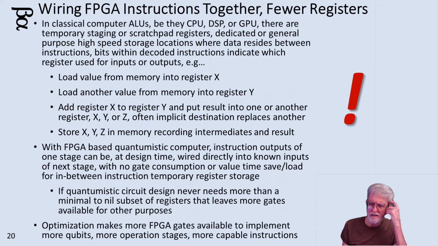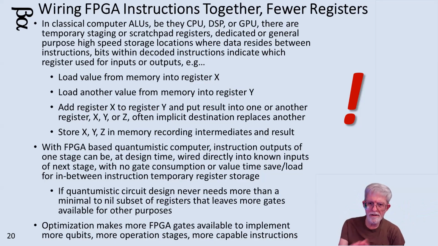A general purpose classical computer's ALU has a lot of things called registers, or scratch pad registers, or general purpose registers. Whenever you run an instruction, there'll be bits in the instruction that say, I want register X or register Y. That's part of the instruction. If you're writing your instructions into the gate array specifically for your purpose, then you don't need a lot of bits to decode which of the many registers you want.